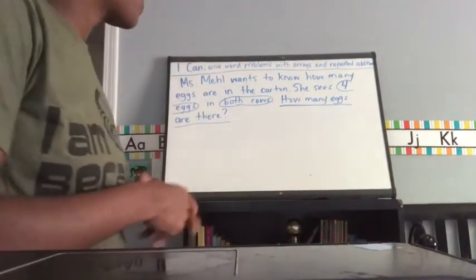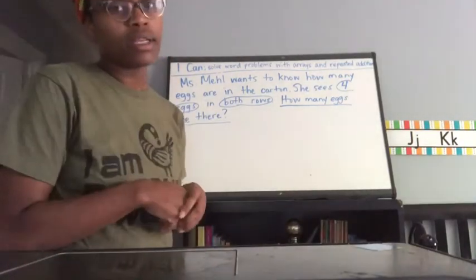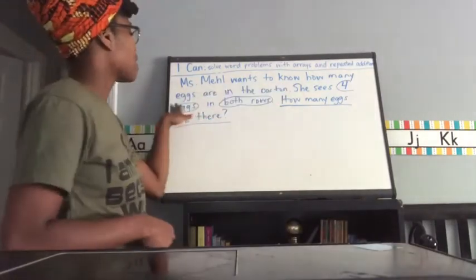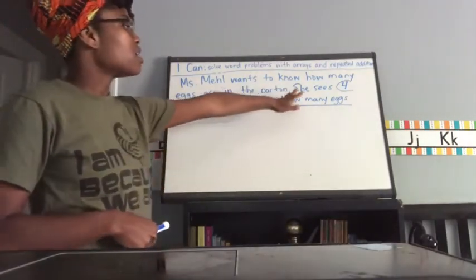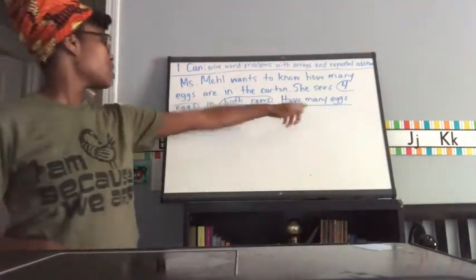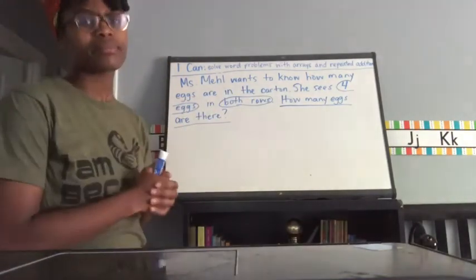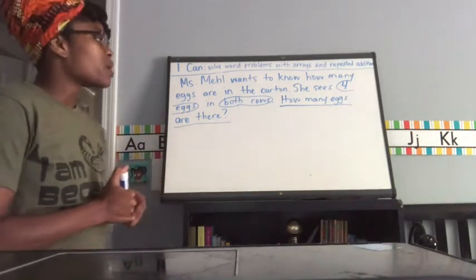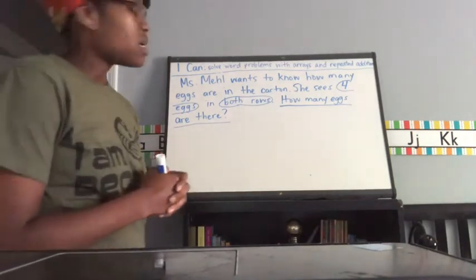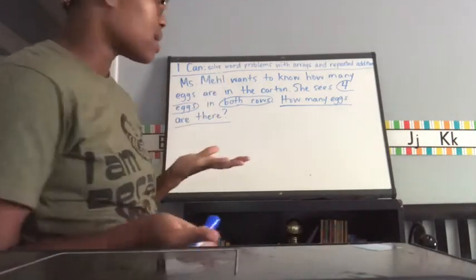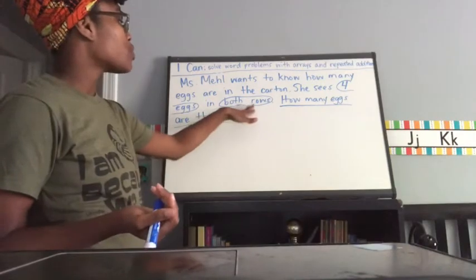So the first one that we'll do together says, Miss Mel wants to know how many eggs are in the carton. She sees 4 eggs in both rows. How many eggs are there? So I've already gone ahead and circled what was most important. We know that she sees 4 eggs in both rows.